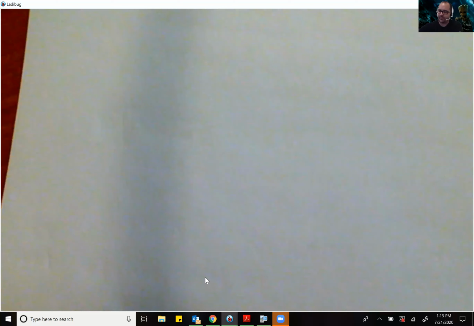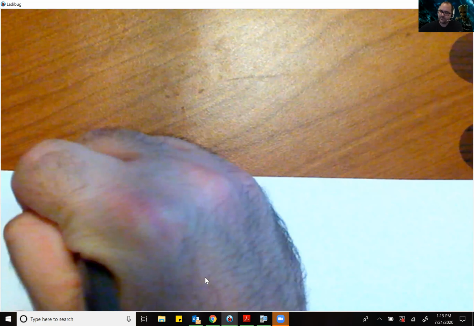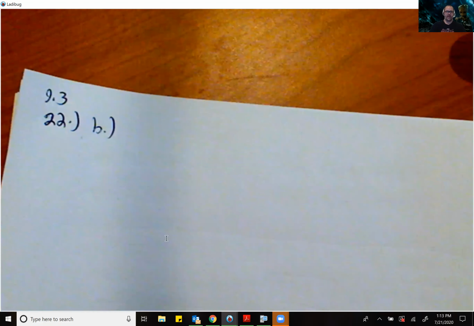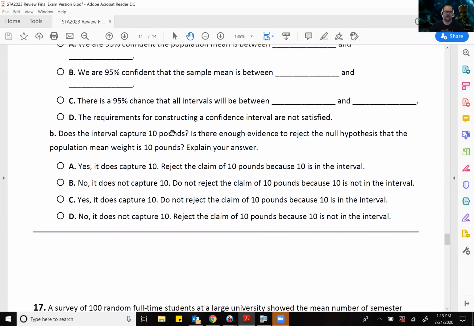So 22 part B. We know what our confidence interval is. It says, does the interval capture 10 pounds? So are we going to reject or not? Okay. So again, we know our interval.